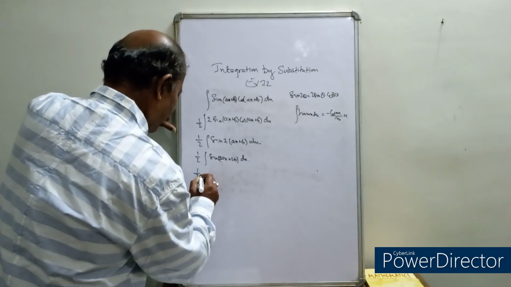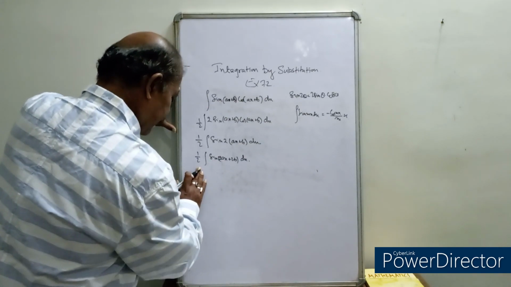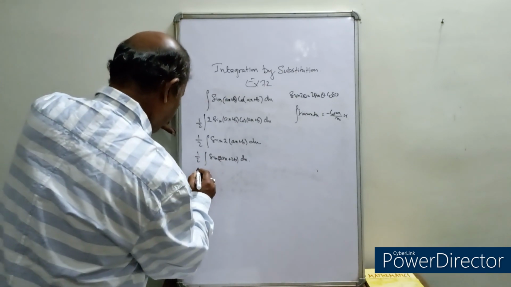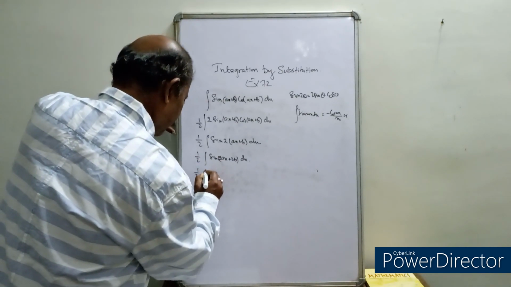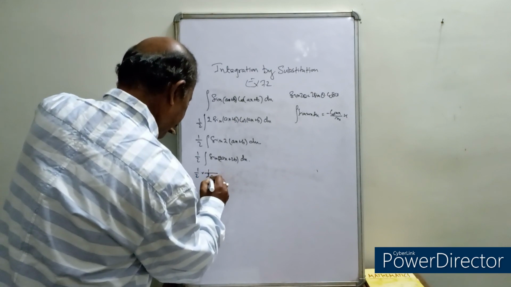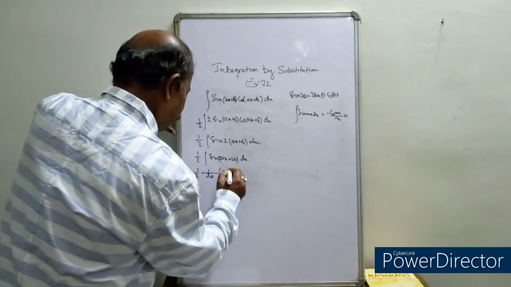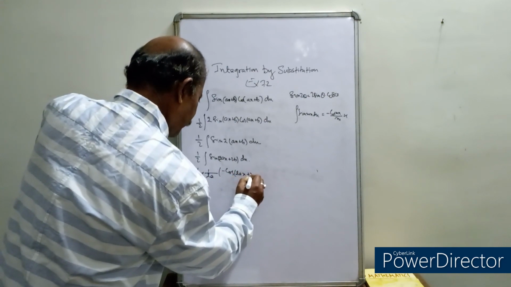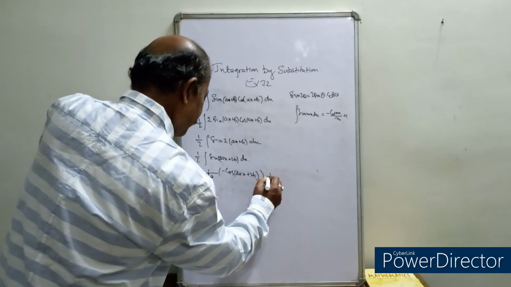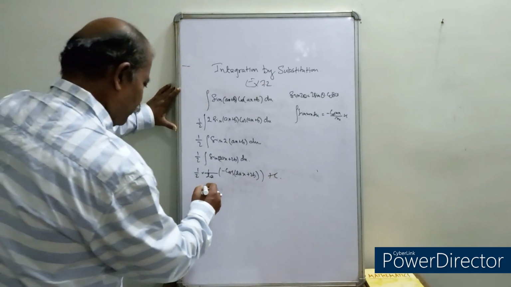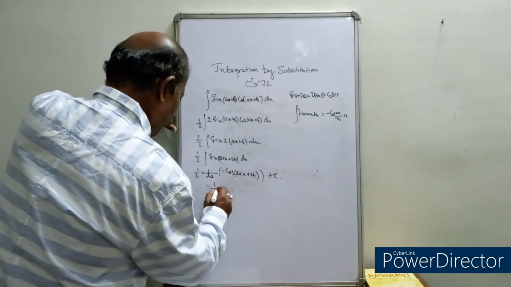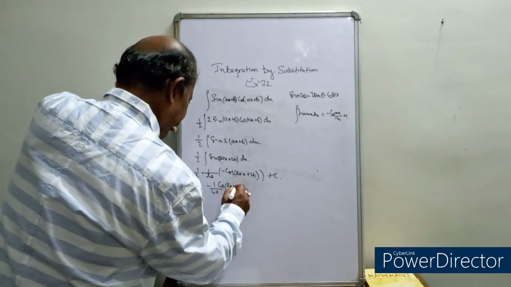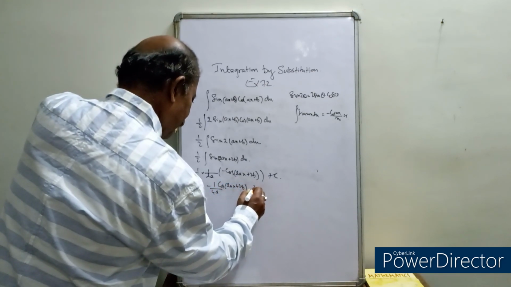So 1 by 2 into 1 by 2a, and integration of sin is minus cos(2ax plus 2b) plus an integration constant, so your result comes out to be minus 1 by 4a cos(2ax plus 2b) plus c.